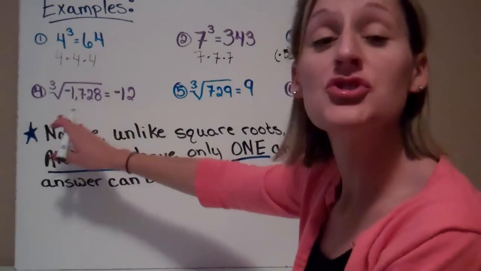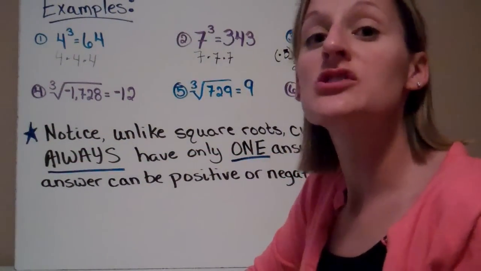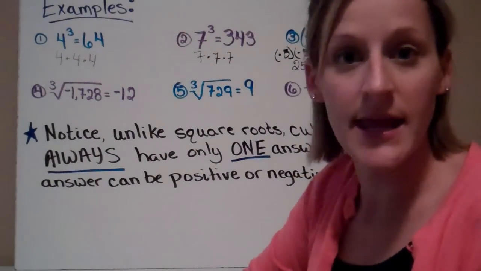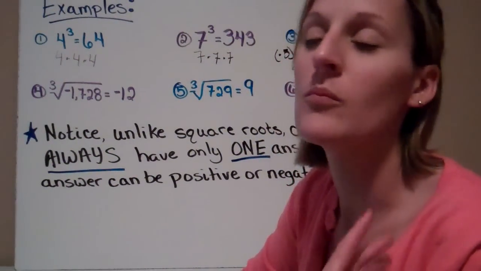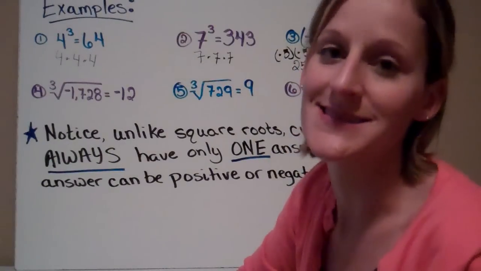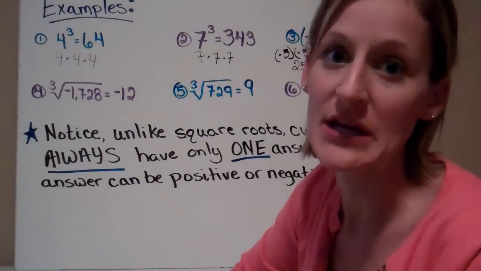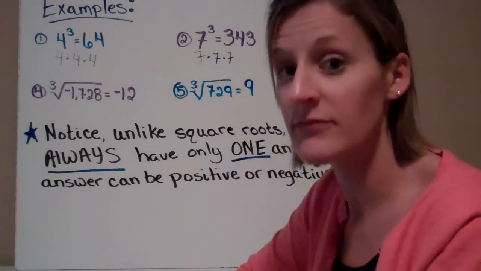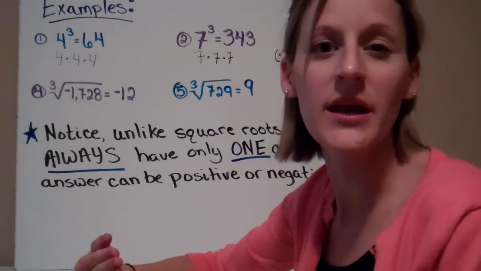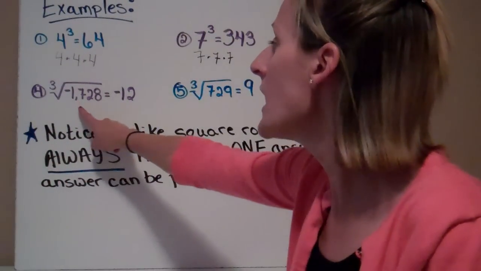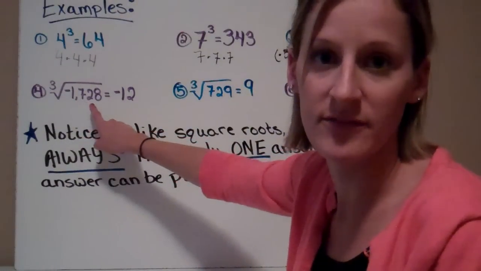So while we're doing the cube roots, with square roots, you can't take the square root of a negative number because there are no two numbers that, if you multiply them by themselves, give a negative number, because a negative times a negative is a positive. Well, with cube roots, since I'm multiplying three times, I can take the cube root of a negative number.